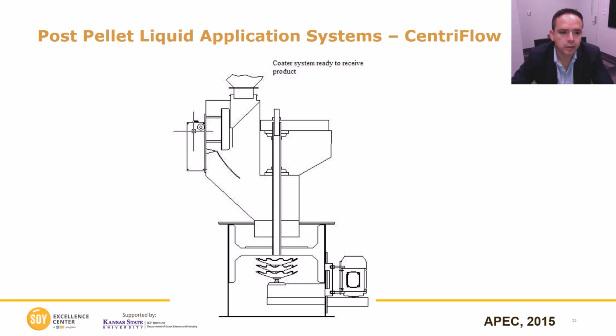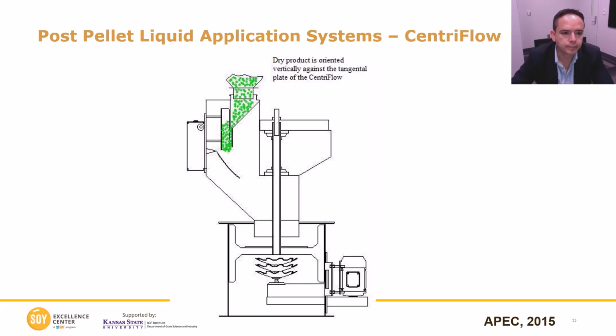So the coater system is ready to receive the product. Then dry product begins to flow into the inlet. Then dry product begins to transition into the centriflow. Dry product is oriented typically against the tangential plates of the centriflow, and dry product begins to flow across the metering pan.